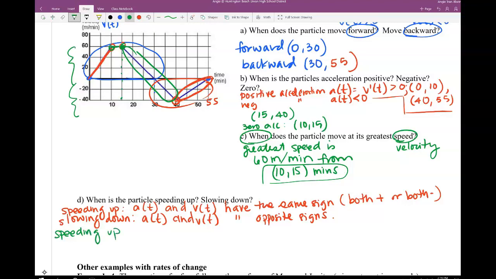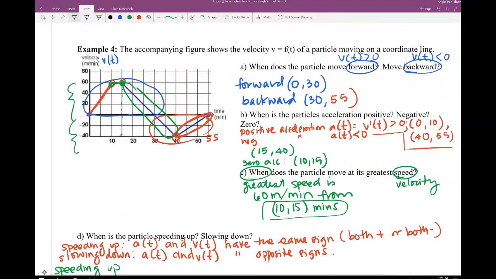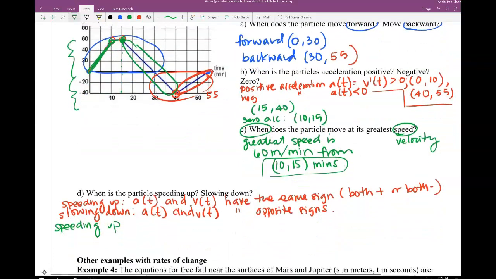Okay. So would you agree from here to here, velocity is positive because it's above the y-axis, and the slope is also positive because it's going in the positive direction. So that first piece right there would constitute speeding up. Okay, so from 0 to 10.